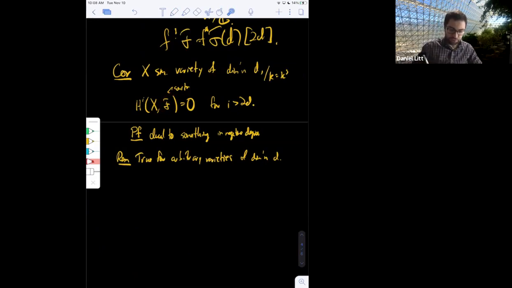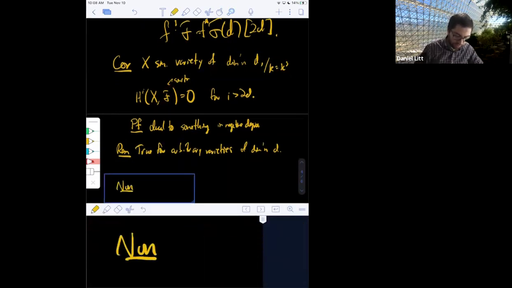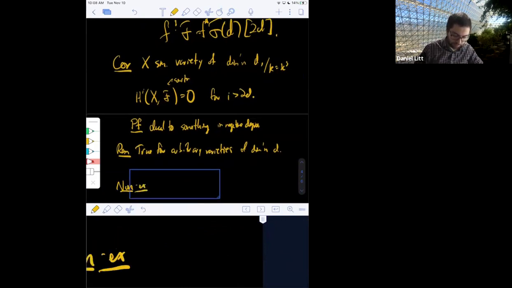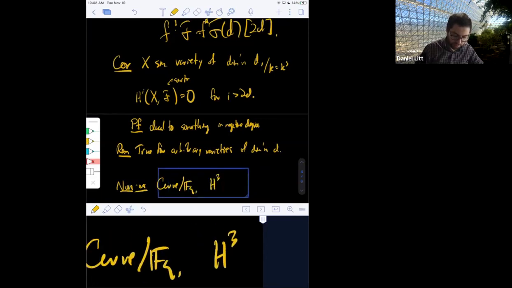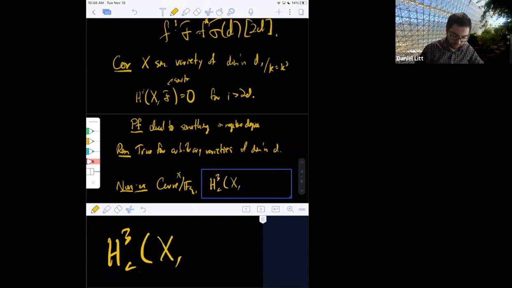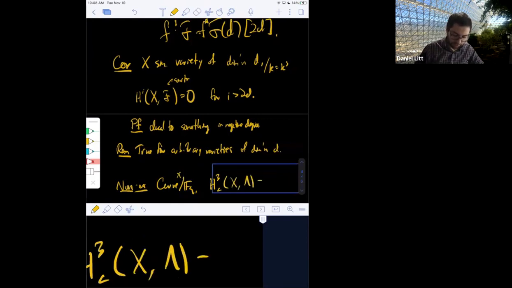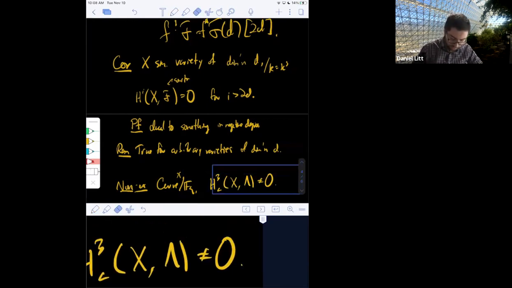Maybe let me just give you a sort of non-example. The non-example is if you have a curve X over a finite field, then H3 with compact support of X, lambda is in general non-zero, like if I put a 1 here, this is always true.